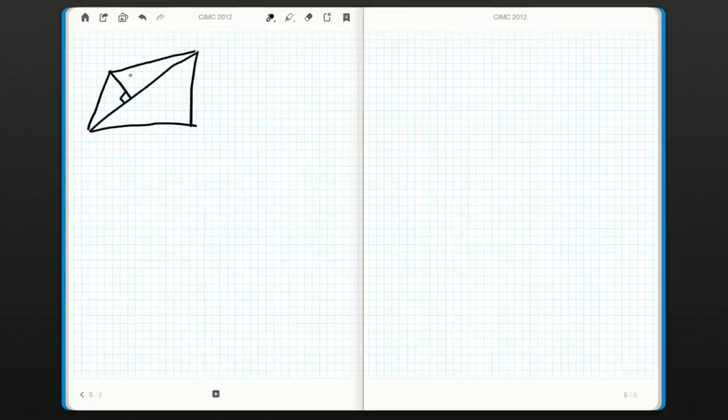At a right angle here, this was size 6, this was 20, this was 21. Okay, and we were asked to determine the total area of this quadrilateral.